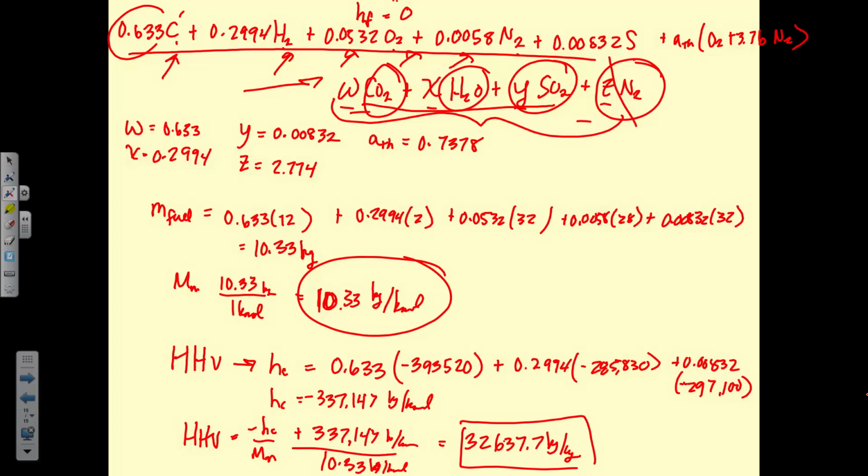Then we perform the exact same analysis, but instead of 285,830 for liquid water, we have negative 241,820 for water in its vapor state. And we do the same thing again, and find the lower heating value is equal to 31,370 kilojoules per kilogram.